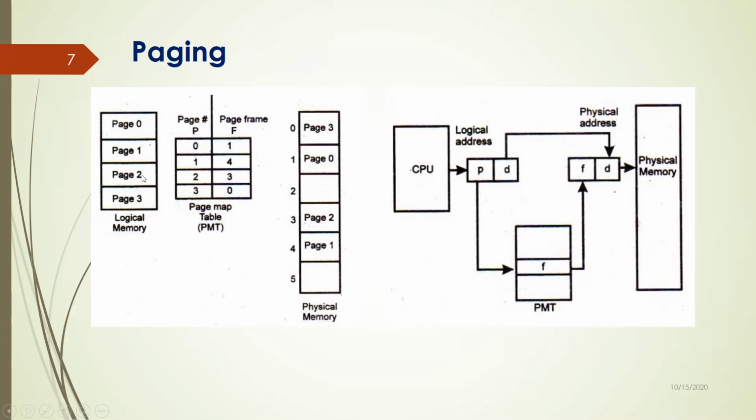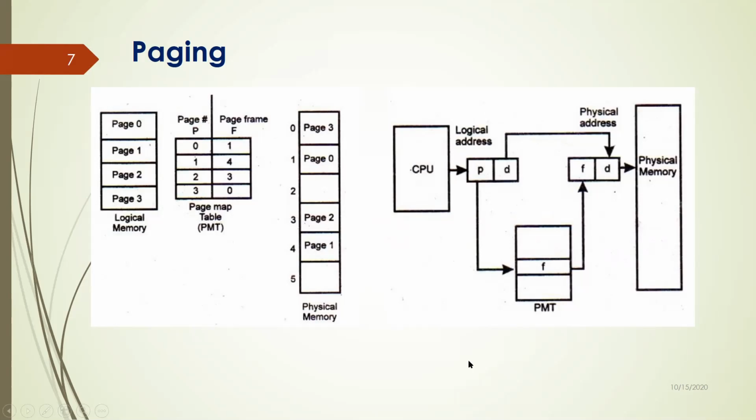So the PMT plays a role in relating the logical and the physical memory, so that the particular page will be taken out and the content will be given to the user. The address is given to this PMT, and from here it goes to the physical memory. So both are related with the help of this PMT.